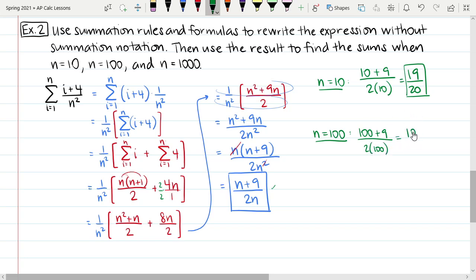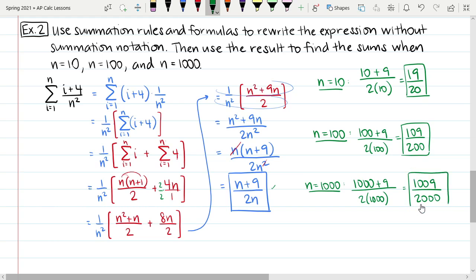And that's going to become 109 over 200. And finally, when n is 1000, we're going to have 1000 plus 9 over 2 times 1000, and that's going to become 1009 over 2000. If you needed to make those decimals, of course, you could just divide.